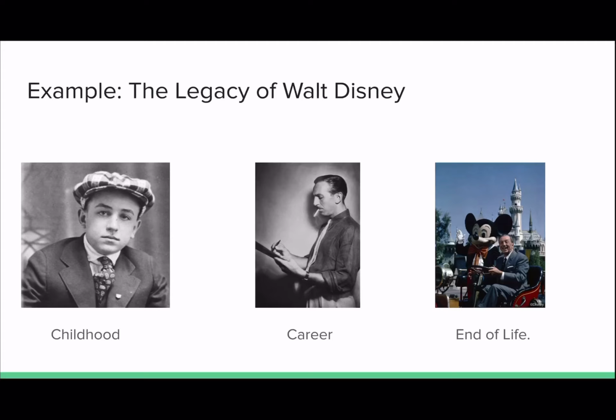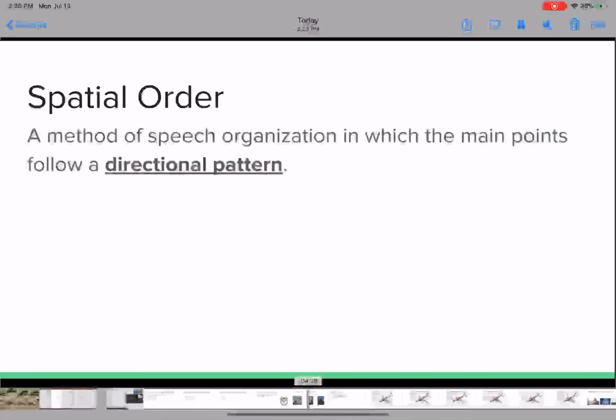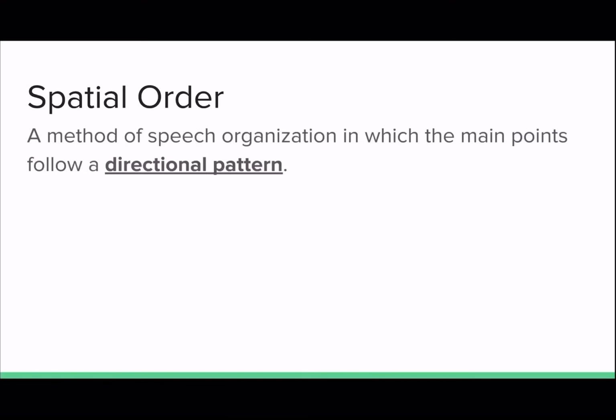All right. Second, you might want to use spatial order. Spatial order is a method of speech organization in which the main points follow a directional pattern. I don't see a lot of students necessarily use this one. I maybe have seen it once or twice, but with spatial order, you would start off at one end and then work your way to another end, or start off north and end south, looking at specific locations.